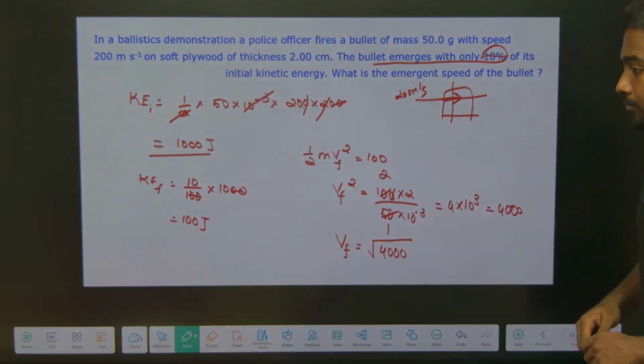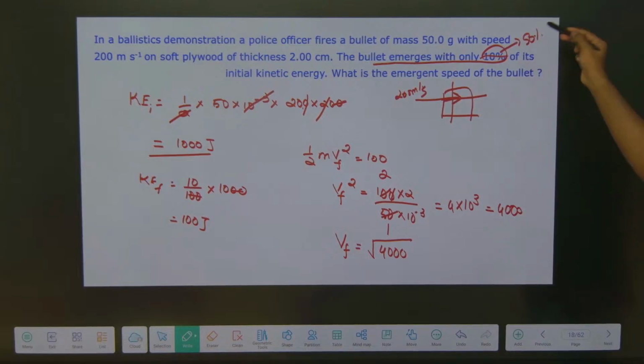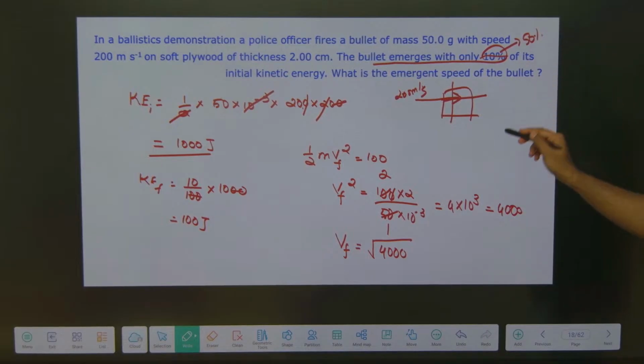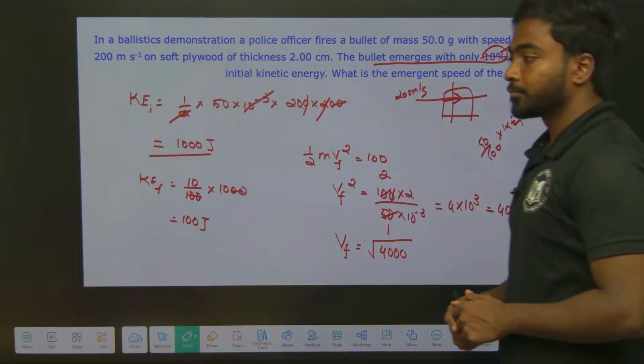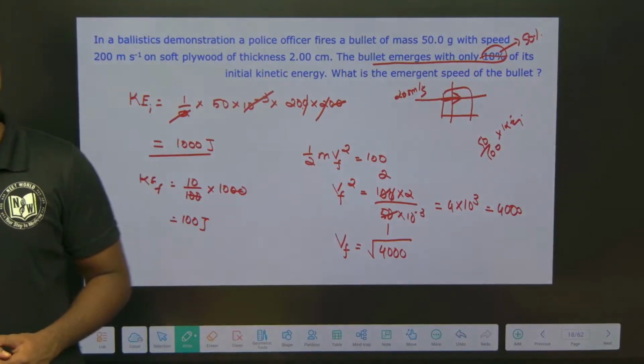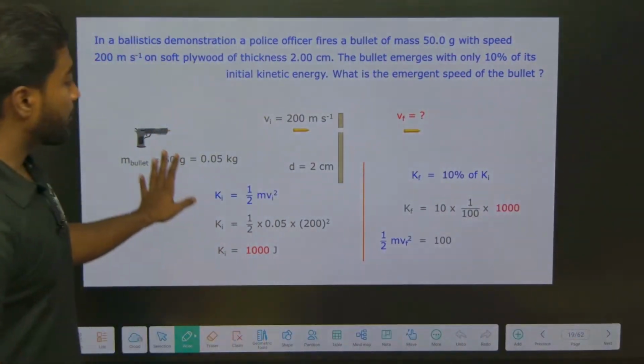Suppose if they mention that 50% of the kinetic energy is left, which means it emerges with 50 by 100 into kinetic energy initial. Done? Fine. So next one, this is the answer.